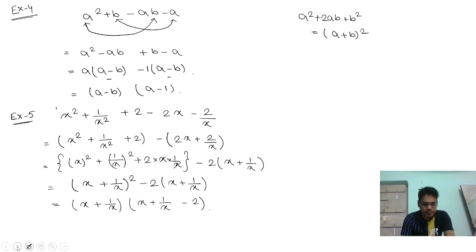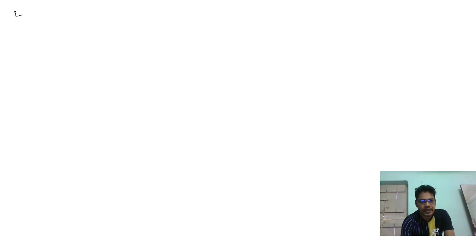Now we will do with more terms. So for example number 6, in the example number 6, it is 1 plus x plus y minus z plus xy minus yz minus zx minus xyz. If it is given, how we can do? It is very easy.